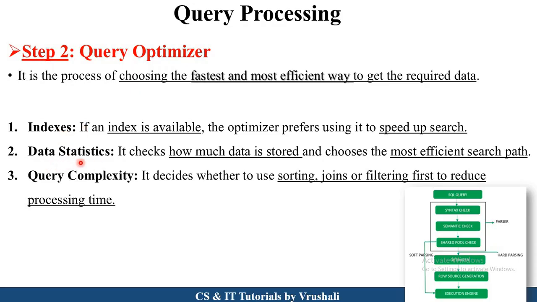It also checks the data statistics, meaning how much data is stored in the particular database. Then query complexity. Suppose sorting, join, or filtering conditions are present in your query. According to this, it chooses the fastest and most efficient way to execute the query. This plan is then sent to the row source generator component.